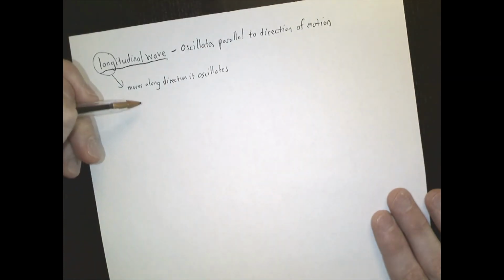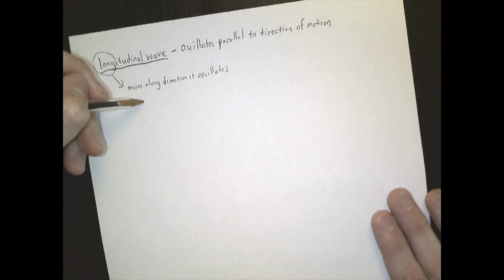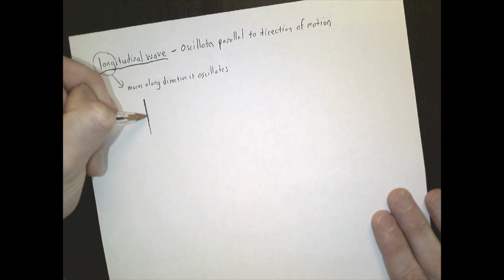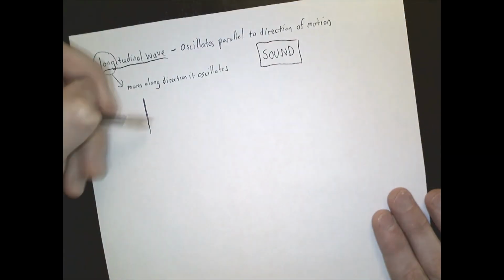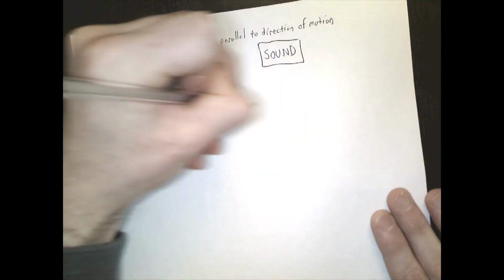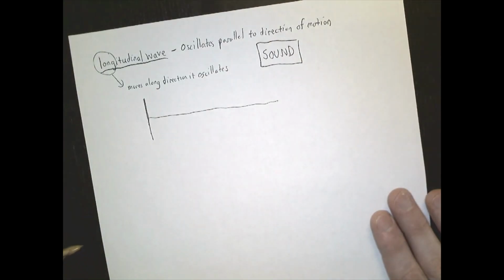We can sort of draw this by visualizing what a sound wave actually does. A sound wave is a prime example of a longitudinal wave. We have alternating regions of high air density and low air density as that wave propagates through the air.